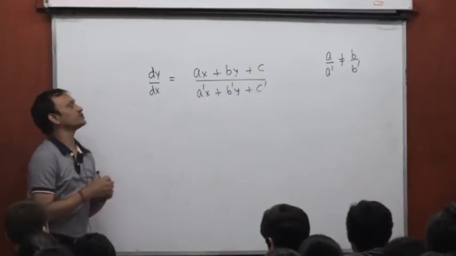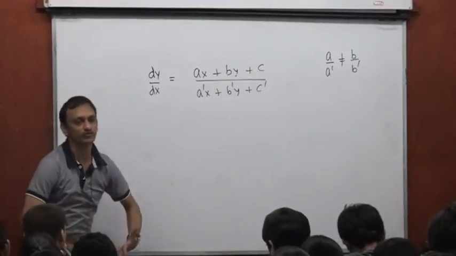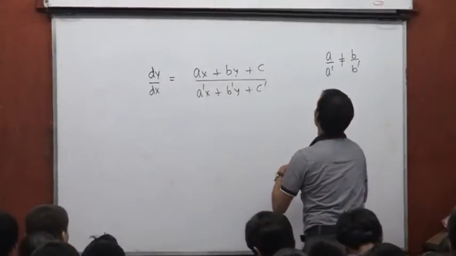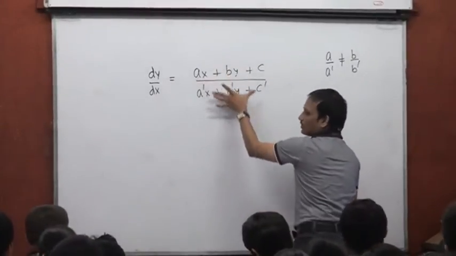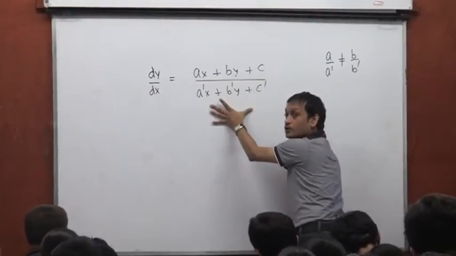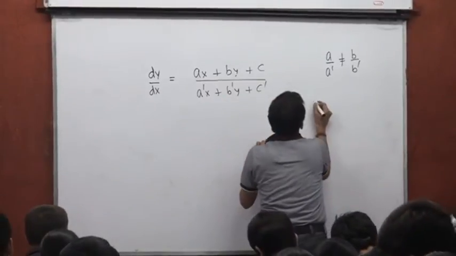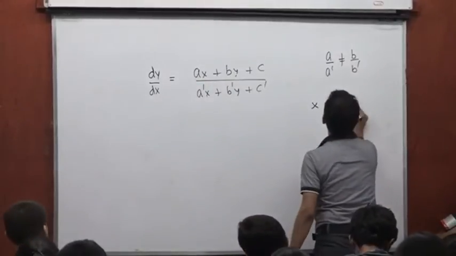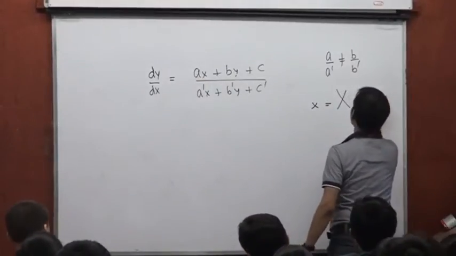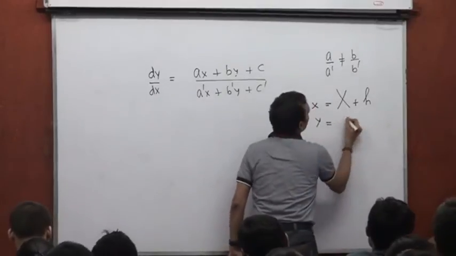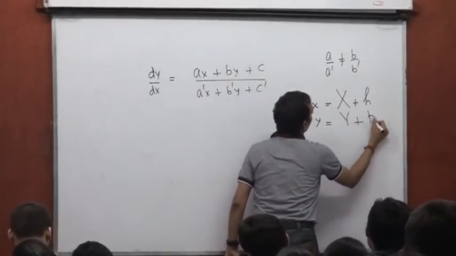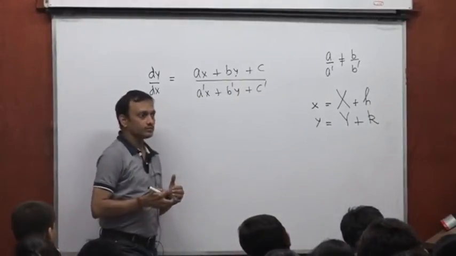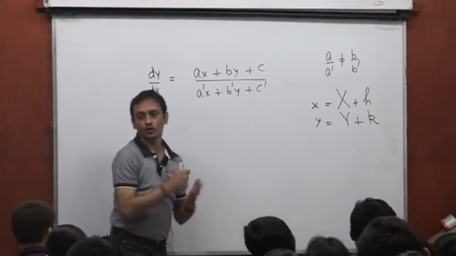Now to solve this differential equation, we bring about a certain transformation. The transformation that we suggest, in the event these two are non-parallel lines, is: small x is some capital X plus h, small y is some capital Y plus k. This is like translation of the coordinate axis.